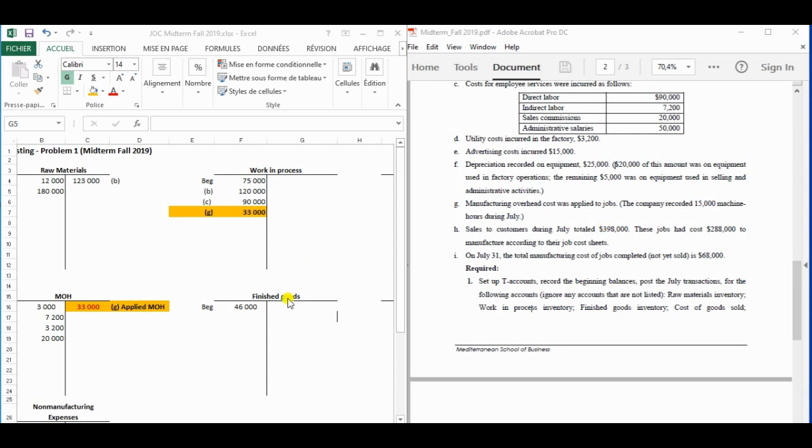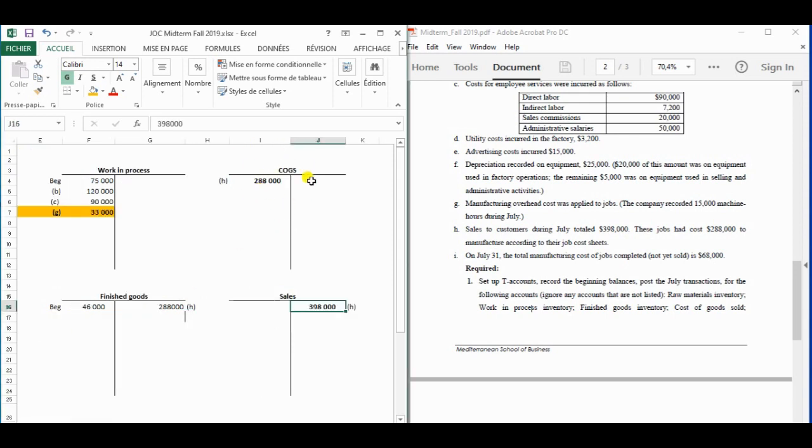So in our T accounts, I debit cost of goods sold for the cost of jobs sold, I credit the finished goods, and the counterpart is the selling revenue. And as I said, the difference between selling revenue and cost of goods sold will be your gross margin or the profit.